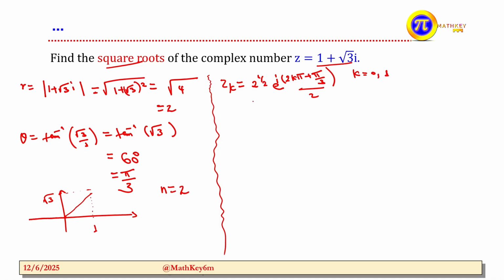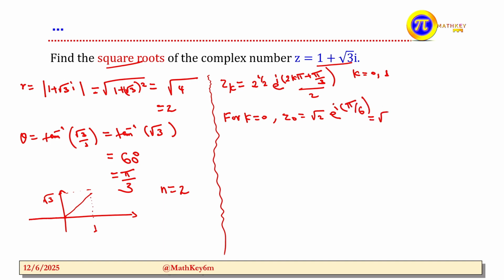What value when k is equal to 0? For k equal to 0, z0 is equal to the square root of 2 times e to the power of i, when this is 0, it becomes pi over 6.